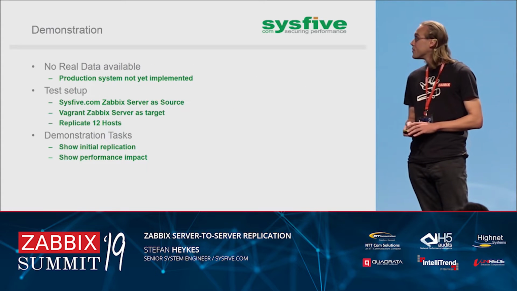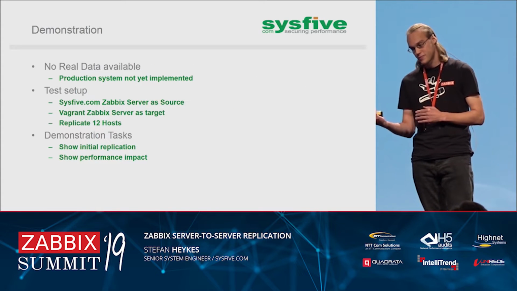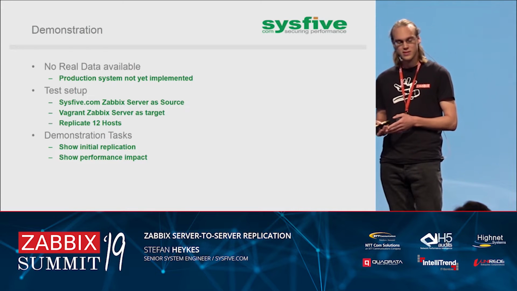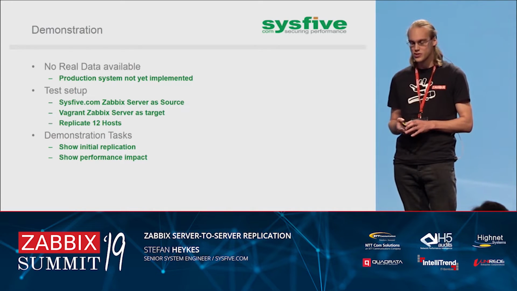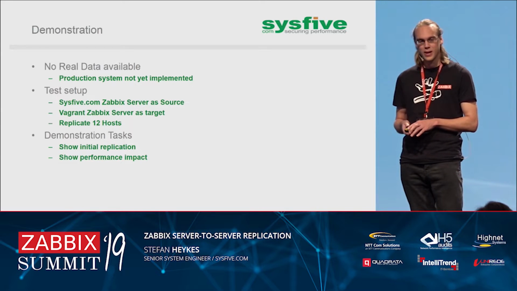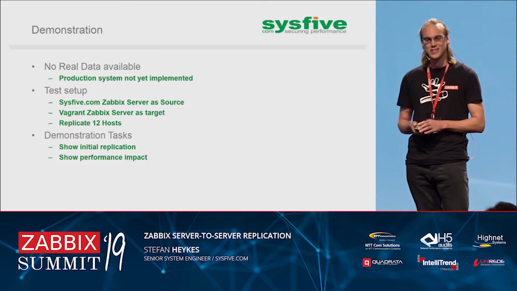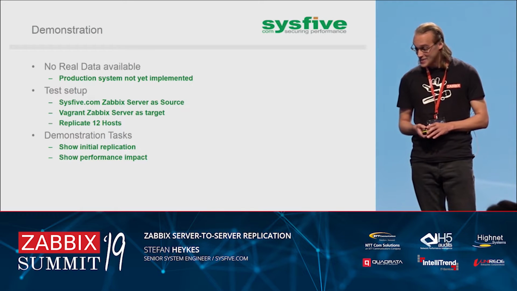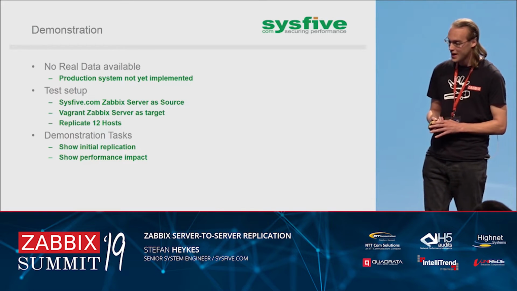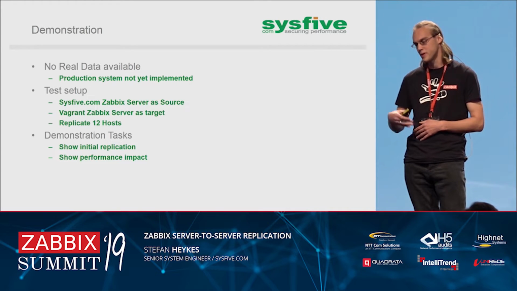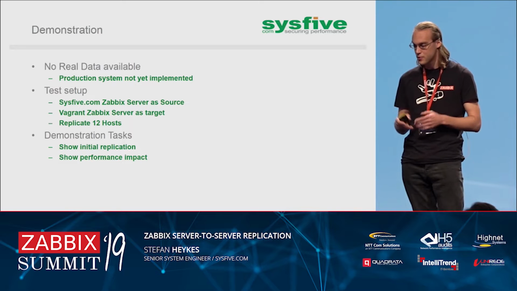Yeah, so for the demonstration, I have some screenshots from our testing. As I said, the production system is at the moment in implementation. Due to some delays, we said, well, let's just wait for 4.4. That's now released, so we can do it in the next days. For the test setup, I used our company's Zabbix server as a source, which will be the receiver in the real project.